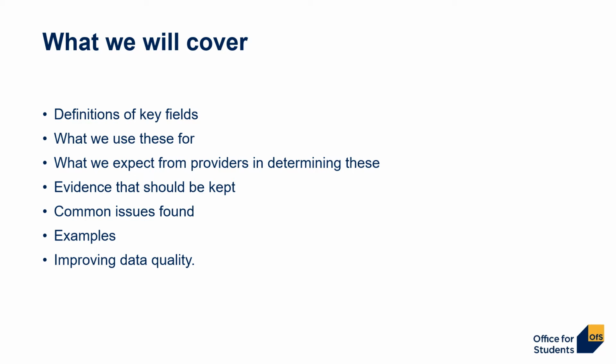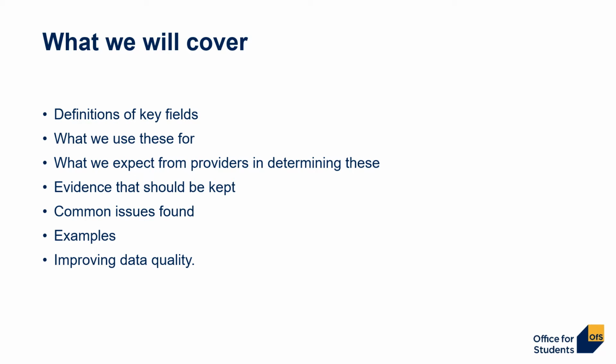So today we're going to be covering the same sort of things that we've been covering in all of the presentations so far. So we'll be looking at the definitions of key fields, what we use these fields for, what we expect from providers when you're trying to determine how to return these fields.